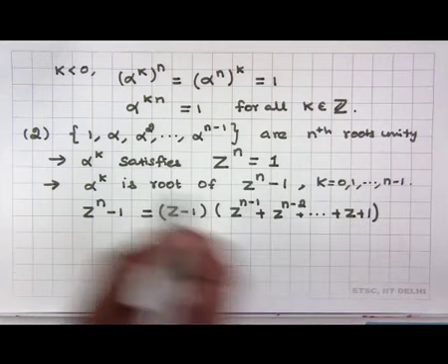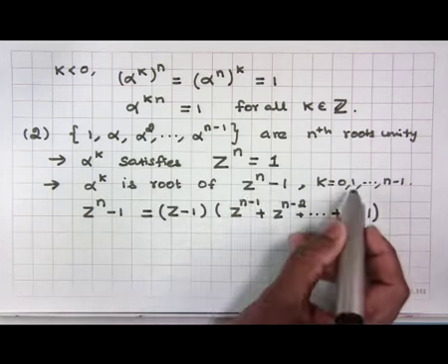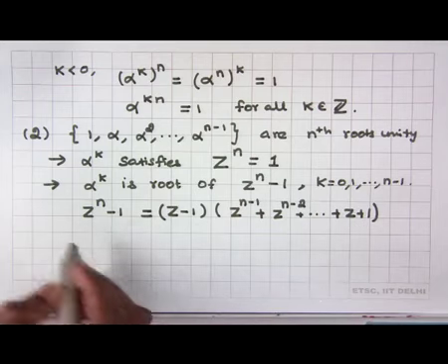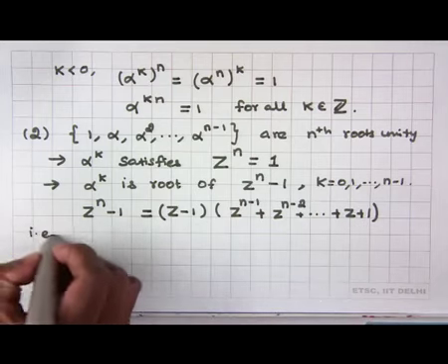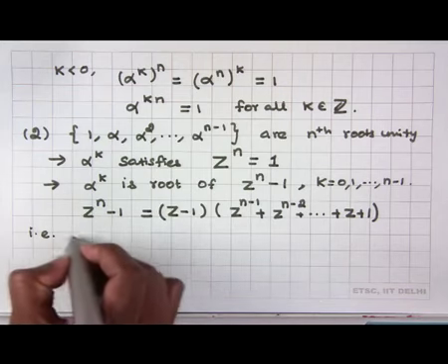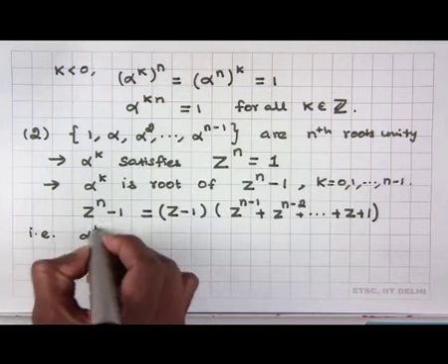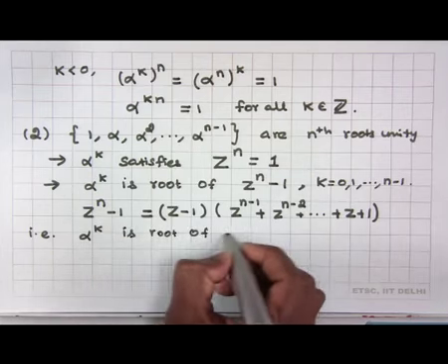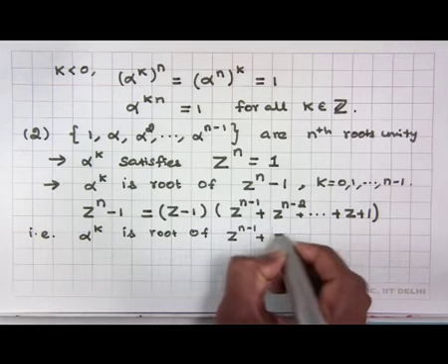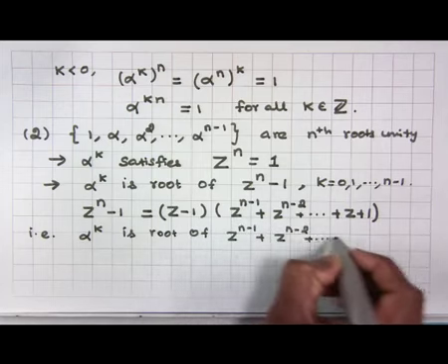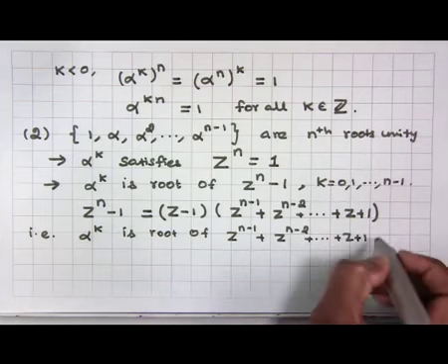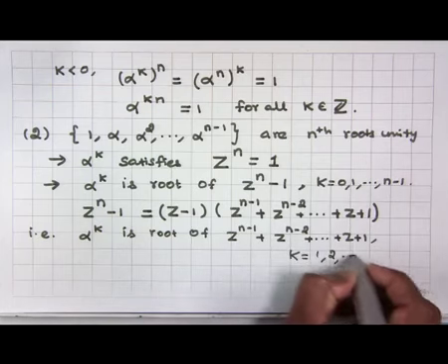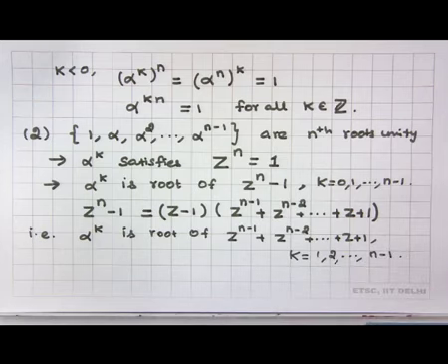For this, the alpha power k from 1 to n minus 1 will be roots of this polynomial. That is, from the above observation we can say that alpha power k is a root of z to the n minus 1 plus z to the n minus 2 plus and so on plus z plus 1 for k from 1 till n minus 1.